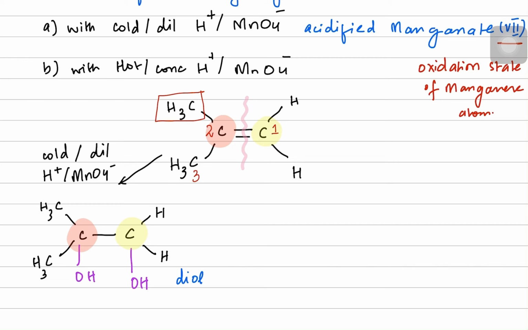What will be the name of it? Let's number it. Carbon 1, 2, 3. There are two hydroxyl groups, one on carbon 1 and the other on carbon 2. So we started by saying it's a 2-methylpropane, because it's a total of 3 carbons apart from the branch, 2-methylpropane-1,2-diol.